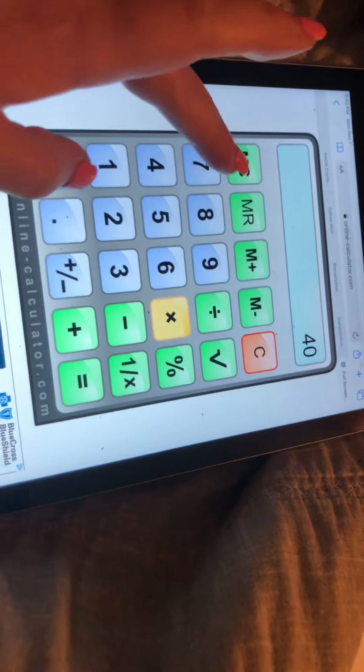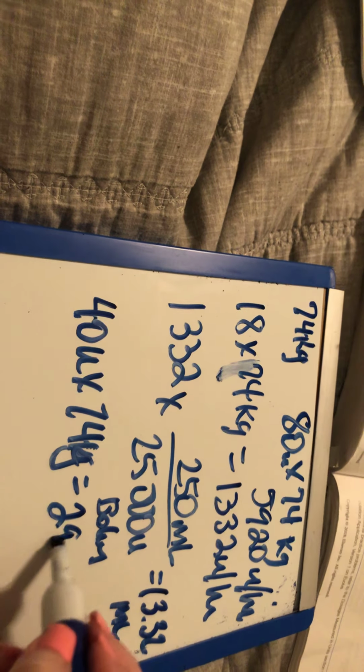So rebolus with 40 units times 74 kgs. That's our bolus. 40 times 74. So that's going to be rebolus 2960 units.